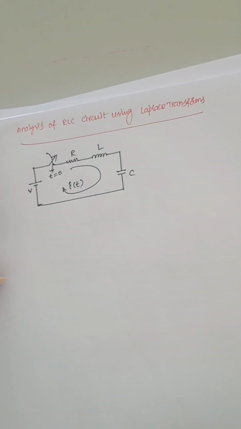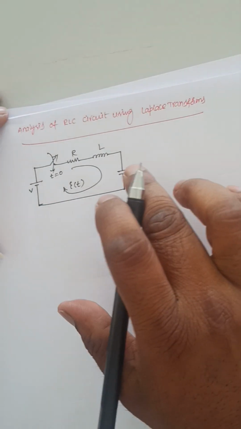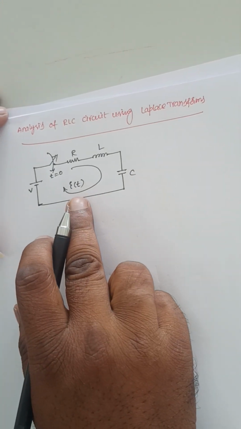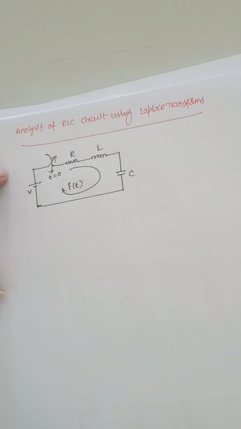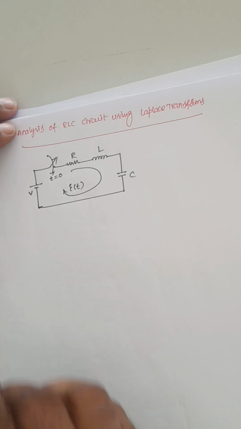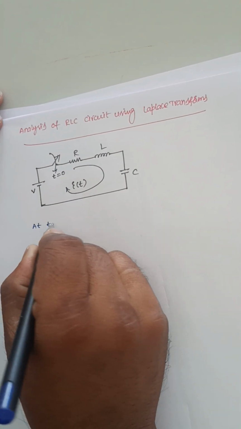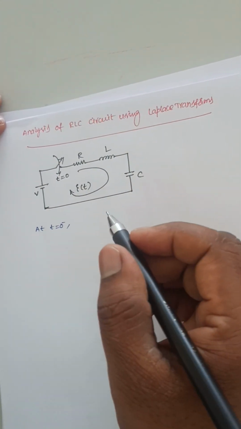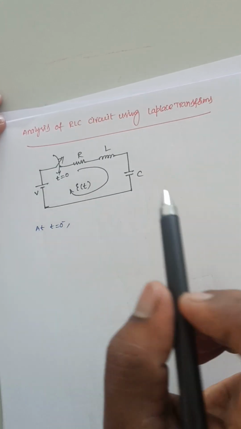So what I need to find in this RLC circuit analysis using Laplace transform is I of t. At t is equal to 0 minus, the current flowing through the inductor is 0. The voltage across the capacitor is 0 because the switch is in the open position.